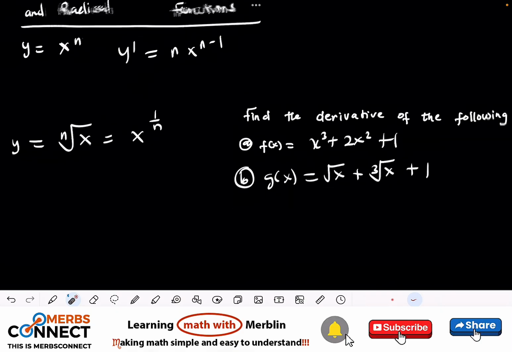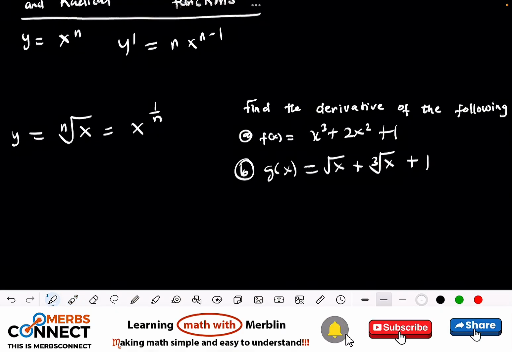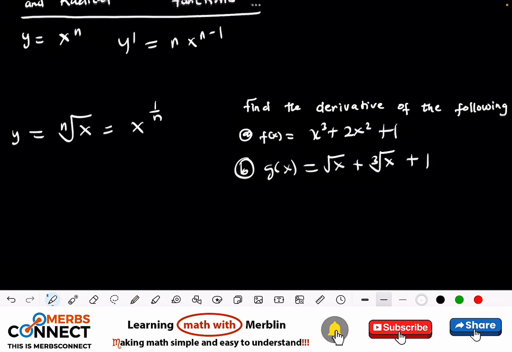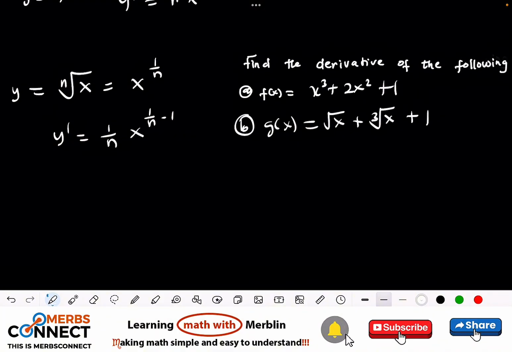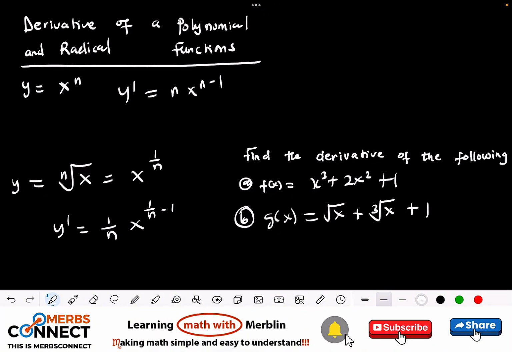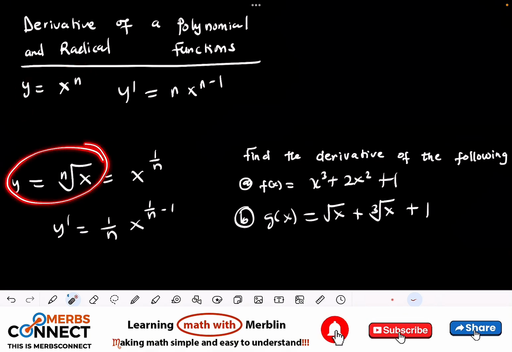So we use the power rule, which gives us 1 over n drops down, we maintain 1 over n, then we subtract 1. Same idea as differentiating a polynomial function. This one is a polynomial function, and this is also a radical function.